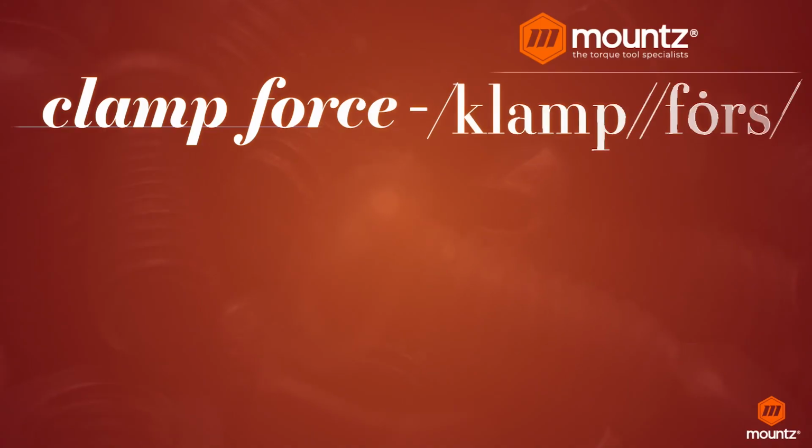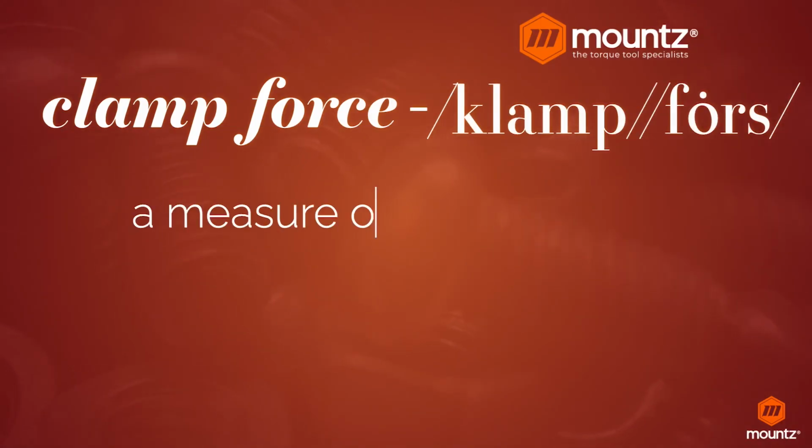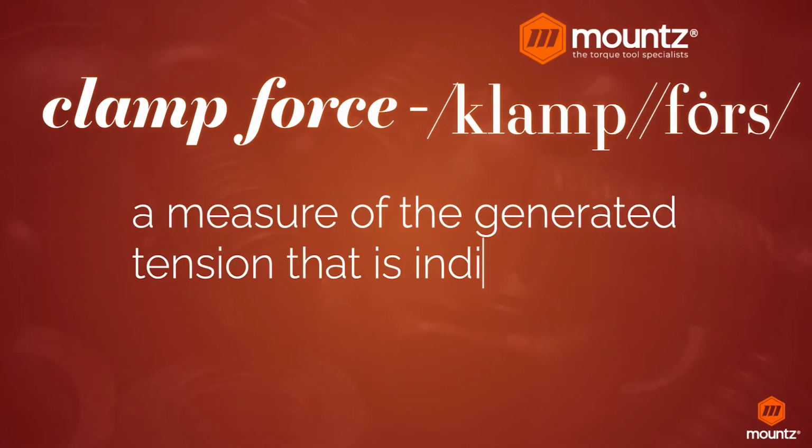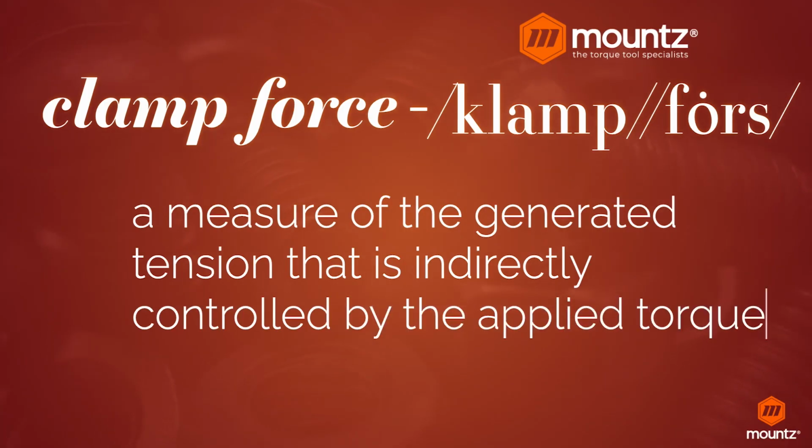The definition of clamp force is a measurement of the generated tension that is indirectly controlled by the applied torque to a fastener. Again, we basically want these two pieces not to move or come apart, which is what we're trying to achieve by using fasteners.